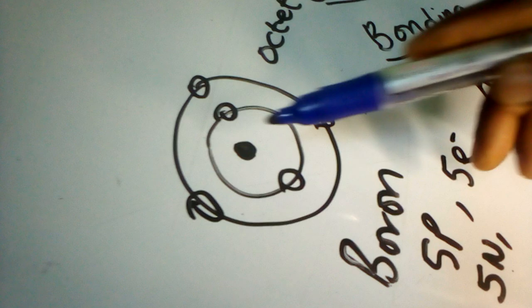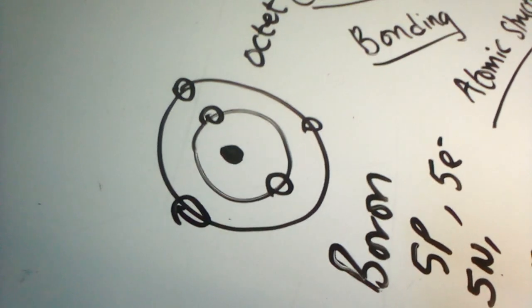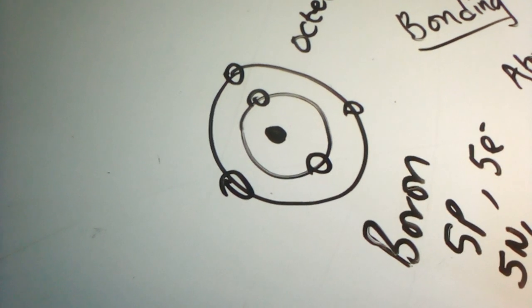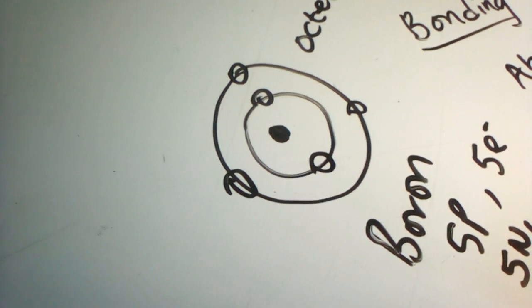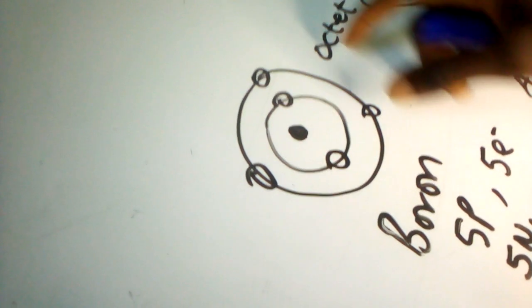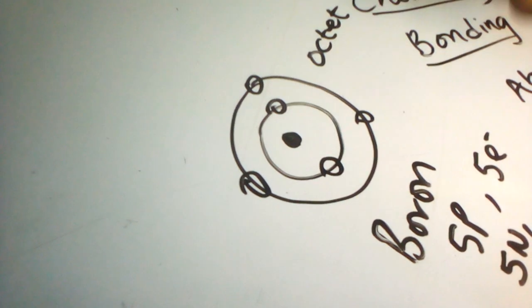So the purpose of bonding is just to make sure that the electrons in the outermost shell of the atom are completely in their required configuration. So now, since boron does not have any other means to complete its configuration, it will form a bond.